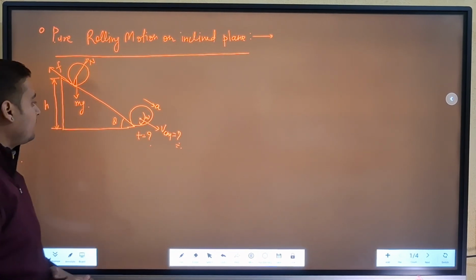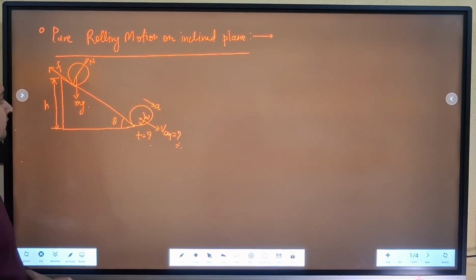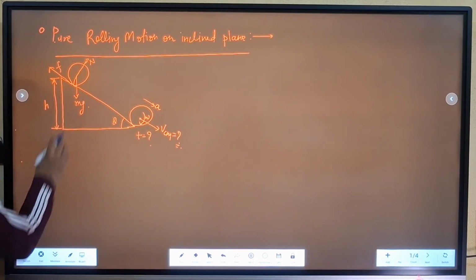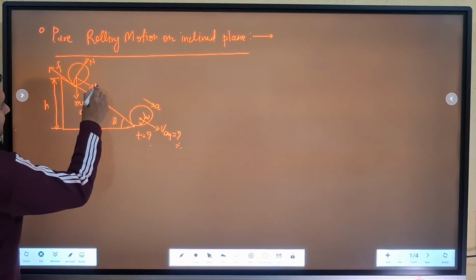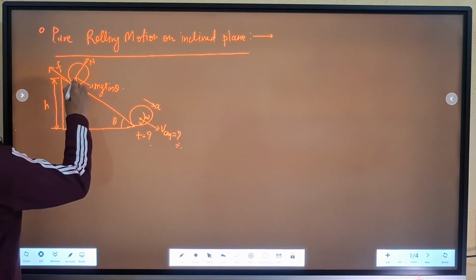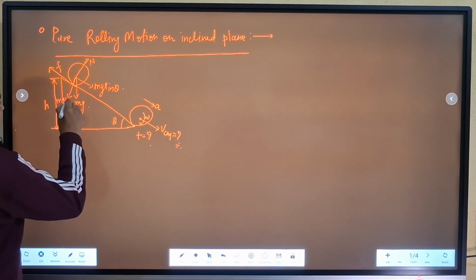Now what we want to calculate here? We want to calculate the minimum friction coefficient. So for this we want to write the equation. So if you see, mg has two components. First we will resolve this along the inclination, which is mg sin theta, and perpendicular to the inclination, which is mg cos theta.